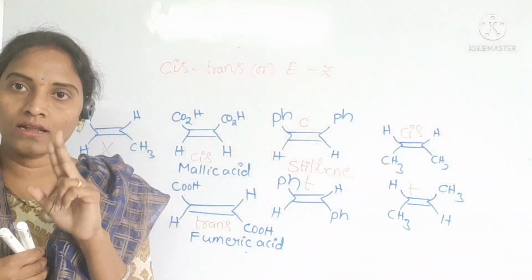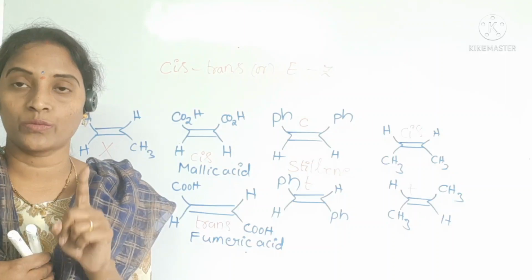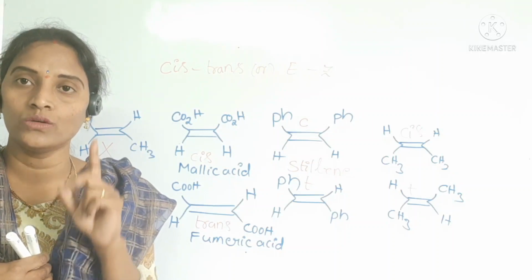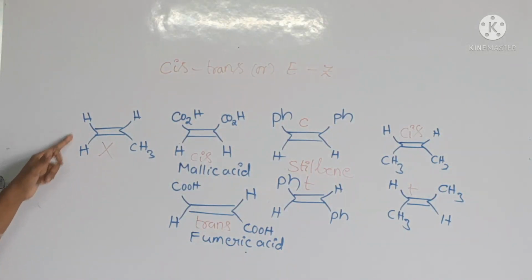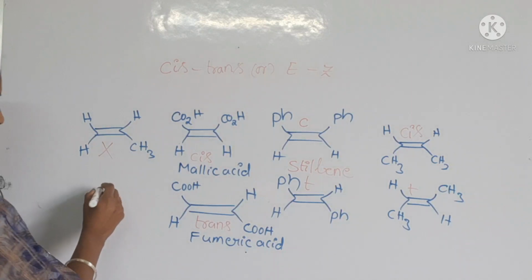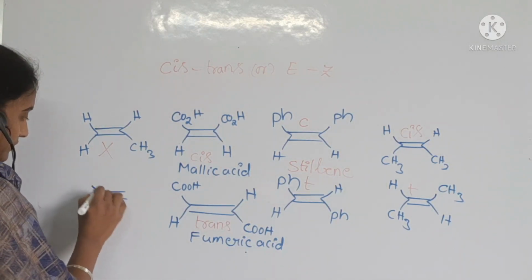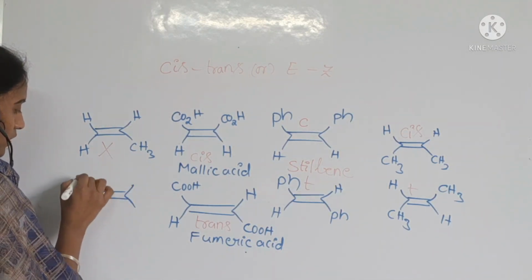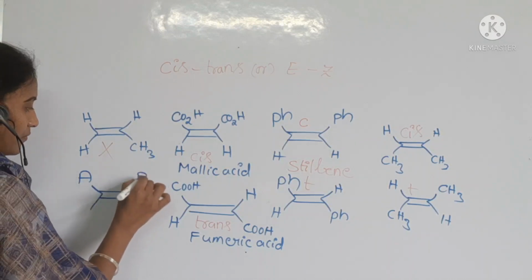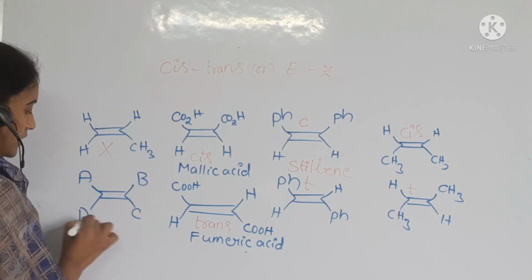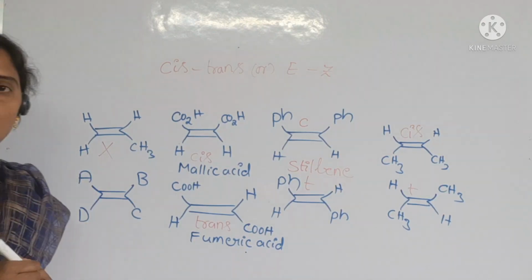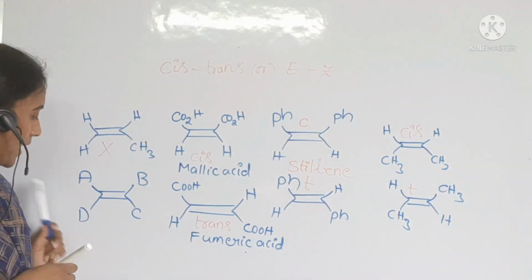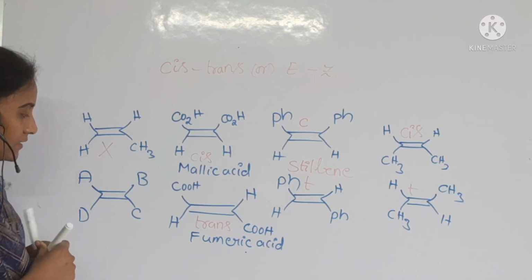Two ends must have at least one similar group, but not only one end having similar groups. Here this end has two similar atoms, so it's not possible. And one more condition: this is one olefin attached with A, B, C, D, all four different groups. At this time, is it possible to identify cis trans isomerism?